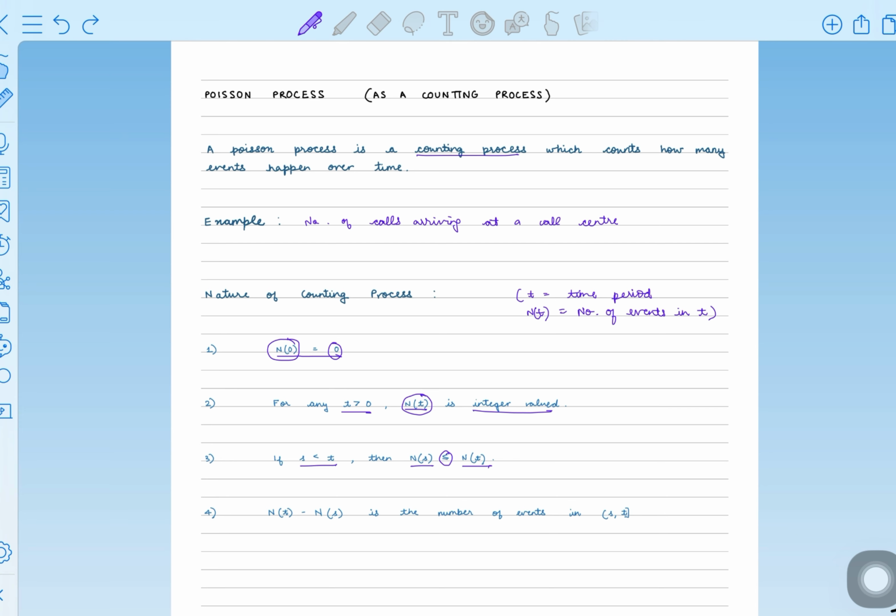Fourth, the number of events in time t minus the number of events in time s is the number of events in this range. This tells us how many events have occurred specifically between the time s and the time t. So instead of counting from the start, we can isolate the events in any interval.